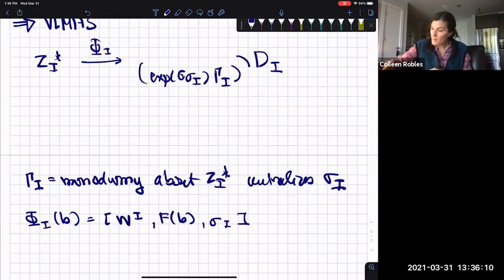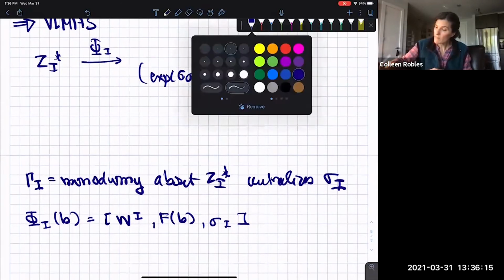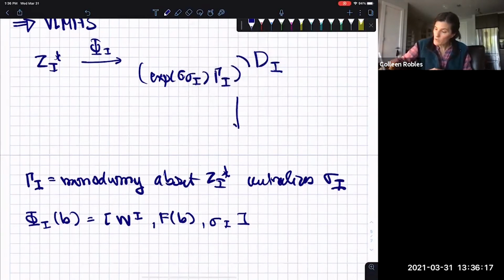Then I want to pass to a quotient. Because this is a limiting mixed Hodge structure, this Hodge filtration induces a Hodge filtration of a pure polarized Hodge structure on the weight graded quotients, and it's polarized by the nilpotent cone.